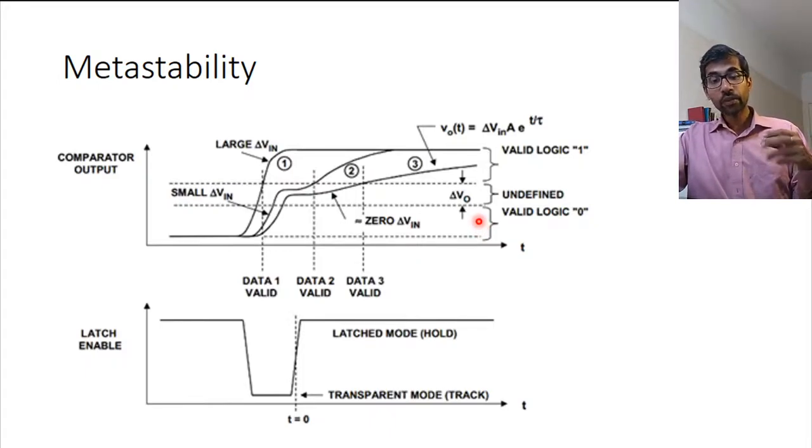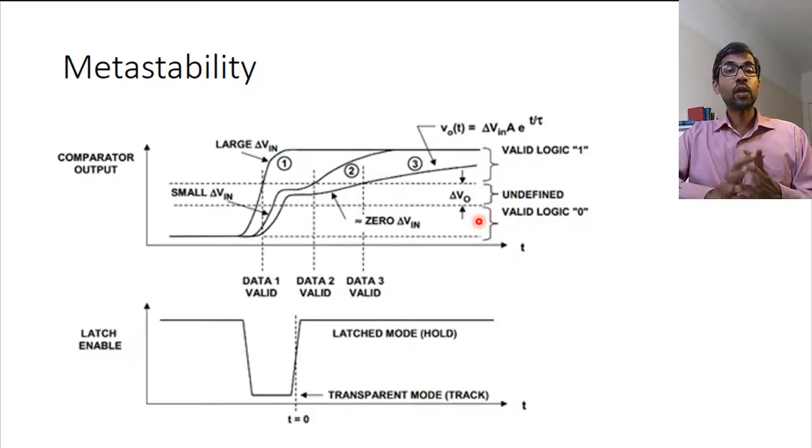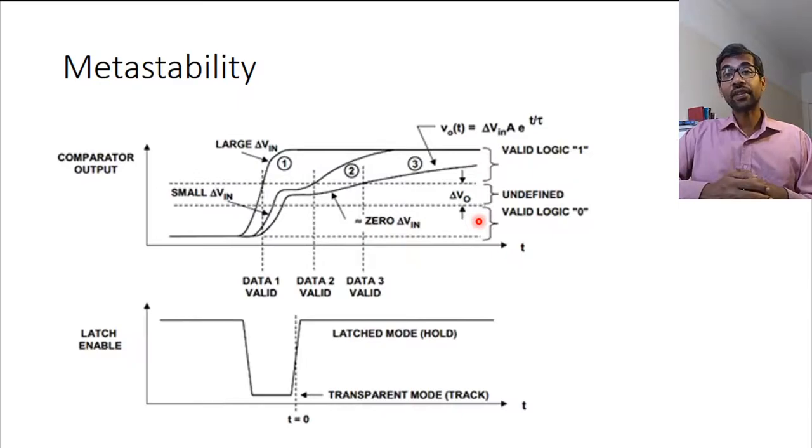And this issue gives rise to a lot of problems with analog to digital conversion, especially because when we are using these comparators to do analog to digital conversion, we are usually trying to make the comparators work as fast as possible. But then the speed is limited by this kind of metastability issue.